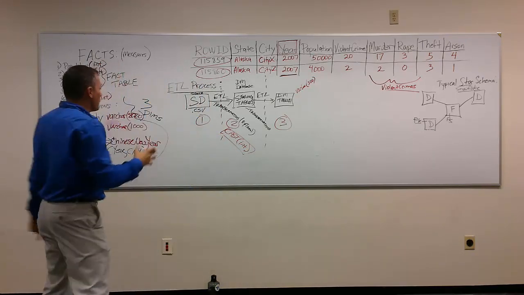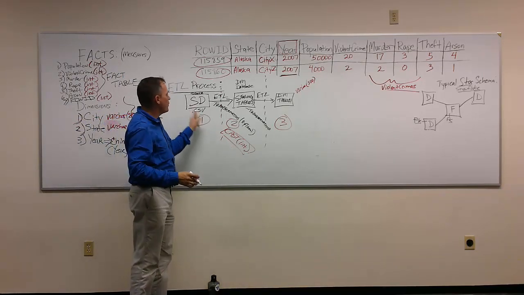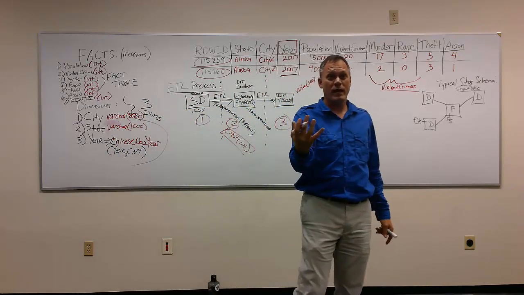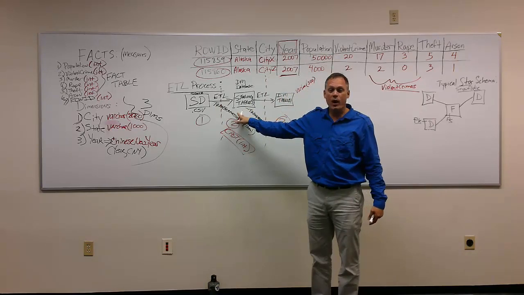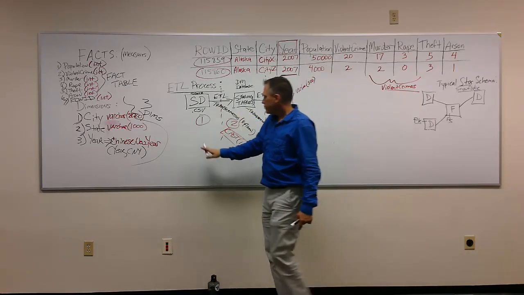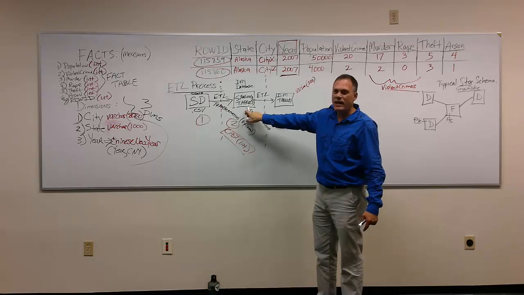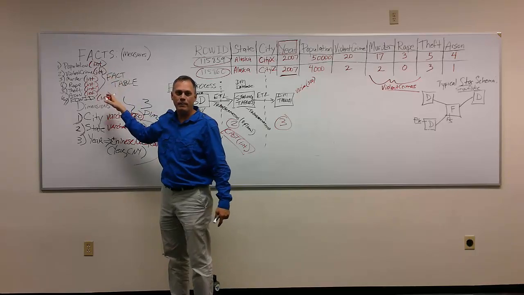If for some reason we had problems bringing the data from here to here, many of you are going to struggle in that process. You're going to make bad decisions on your staging tables. It's a learning process. What you might have to do is, in your staging table, these might have to be varchars if you have trouble with them.